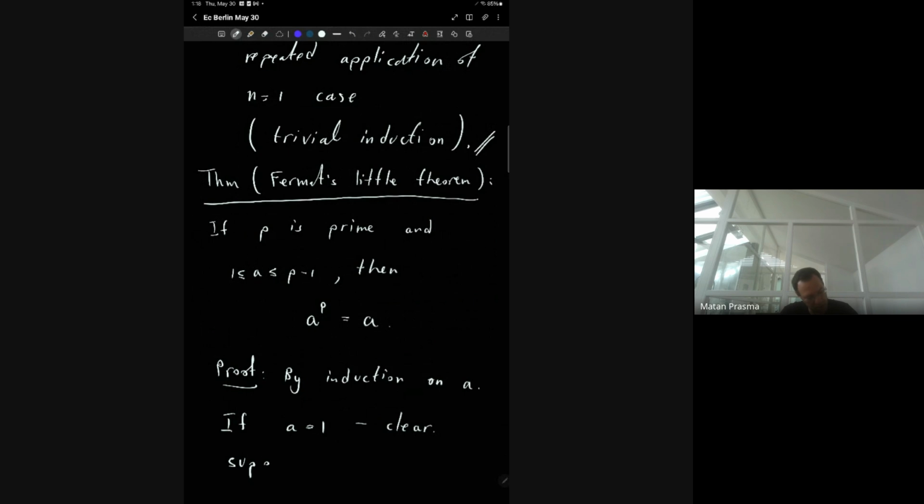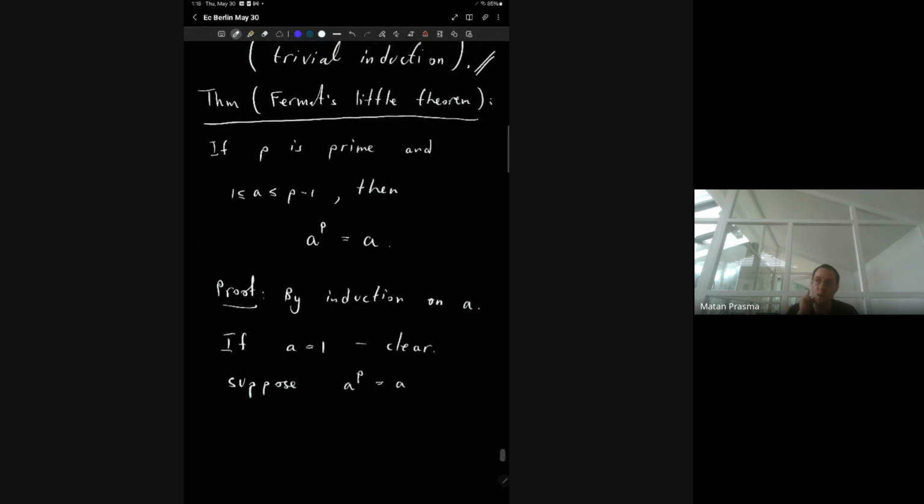Suppose A to the P is equal to A. And now we do the A plus 1 case.